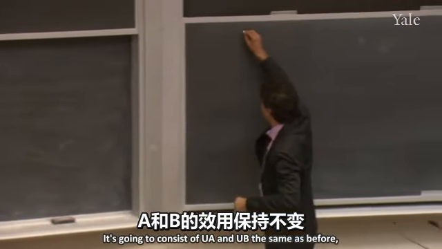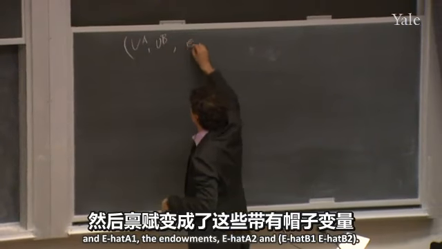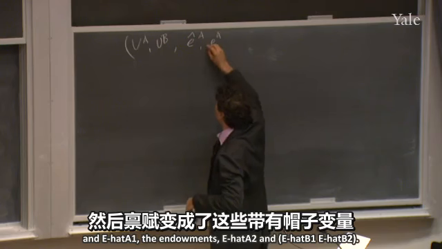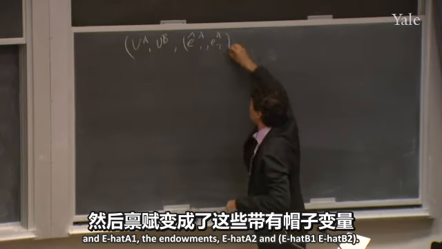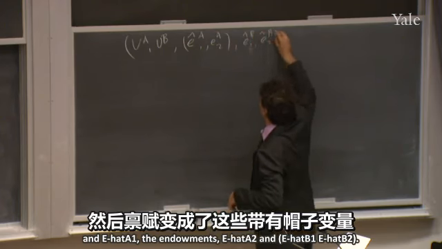It's going to consist of UA and UB, the same as before, and the endowments E hat A1, E hat A2, and E hat B1, E hat B2.